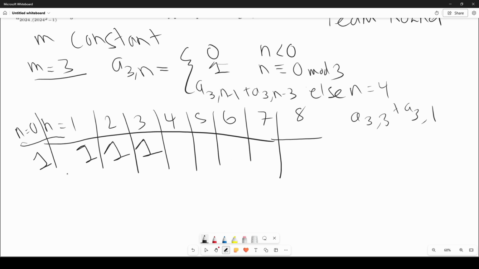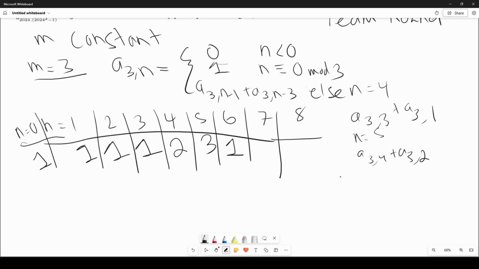And a_{3,1} is 1, and a_{3,3} is 1, so their sum is 2. Okay, let's try n equals 5. This is a_{3,4} plus a_{3,2}. Now a_{3,4} is 2, and a_{3,2} is 1, so their sum is 3. n equals 6, once again easy. It's 0 mod 3, divisible. 3 divides 6, so we get a 1 there.